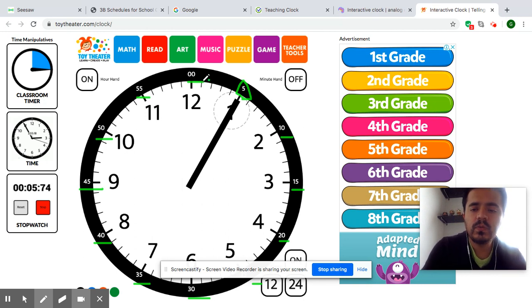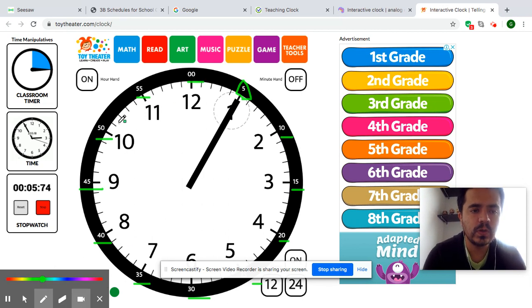What matters here is that we learn that in 1 hour we have 60 minutes. In 1 hour we have 60 minutes. That's really important for you to know. Let me erase this really quickly so we can move on.